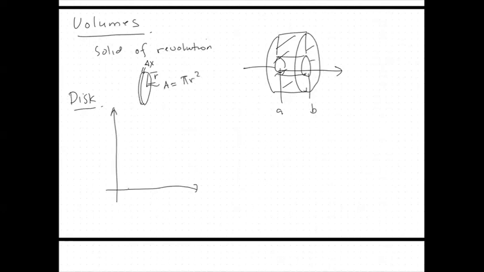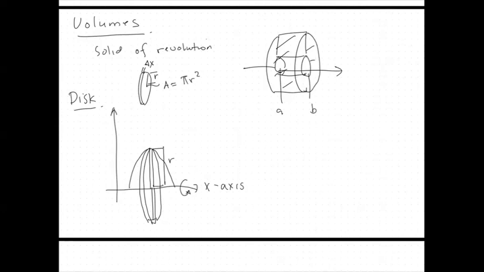Now suppose you get this, and you want to revolve this about the x-axis. So revolve this, and you get a strip. Then you get here a mirror strip, and this will become like a disc. This is your disc, and this is your r.